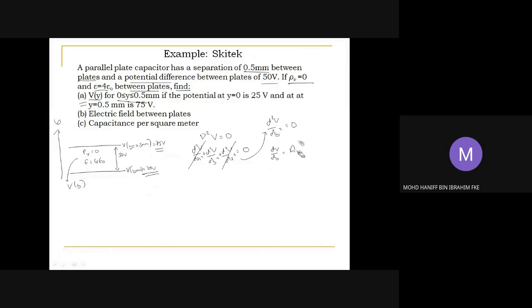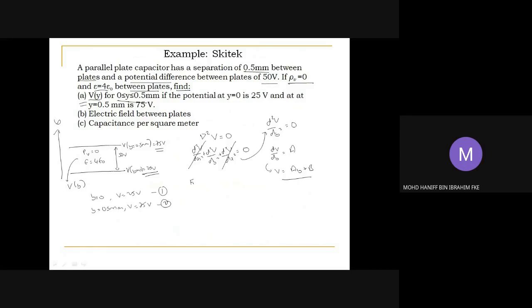And for the second integration, V shall be equal to Ay plus B. So we have this general equation for V. But this is yet to be done, in which we need to use the boundary conditions given here, which state that at y equals 0, V is 25 volt, and at y equals 0.5 millimeter, V is 75 volt. Let us label this as number 1, and this as number 2.